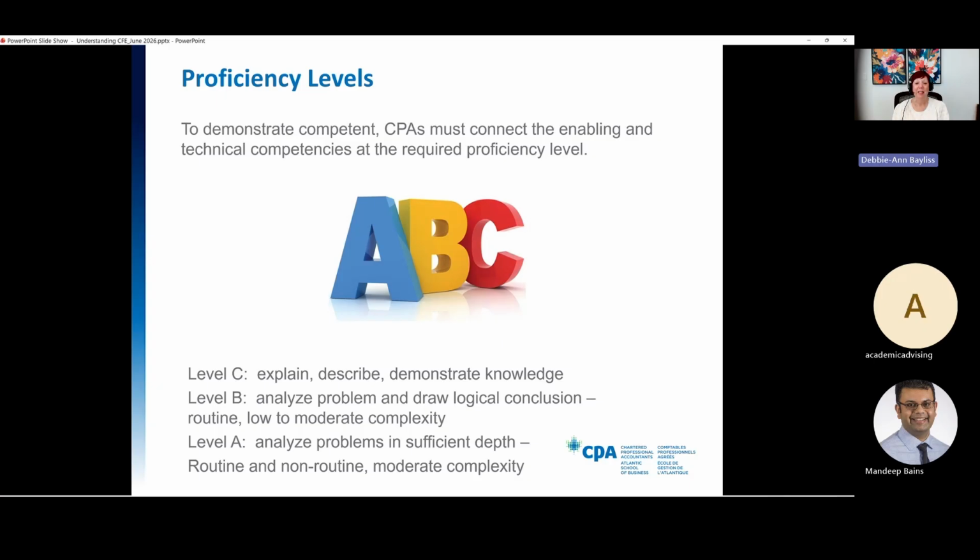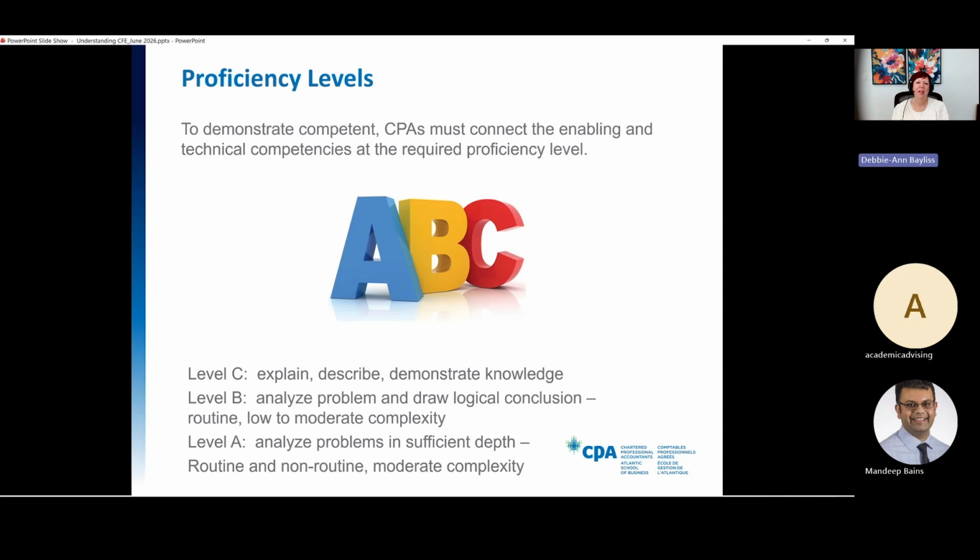So proficiency level A is the highest, then B, then C. So when you're preparing and reviewing the technical skills under each of the technical competencies, you want to start with proficiency level A, then B, then C.